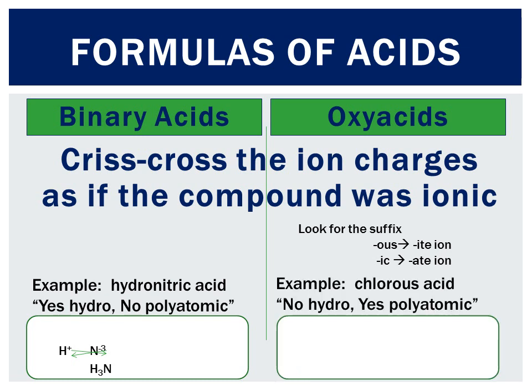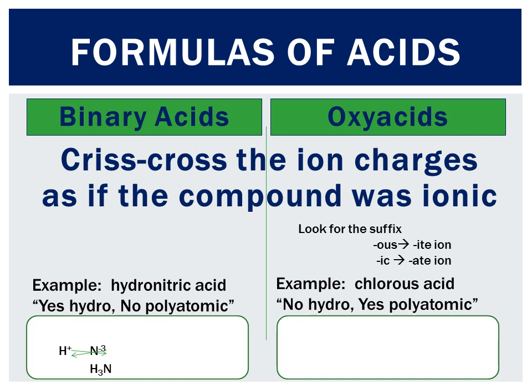Okay. Let's do another example and look for our suffixes. Chlorous acid. You'll notice this time I don't have a hydro. So if there's no hydro, yes, it is a polyatomic. So if it's a polyatomic, then I have to look at the suffix here and decide whether it's a polyatomic ion with an ite or an ate.